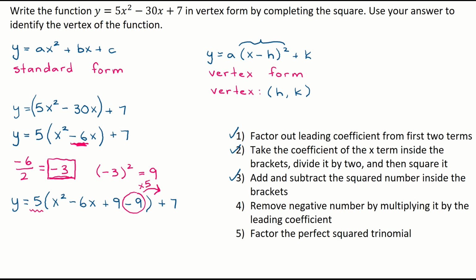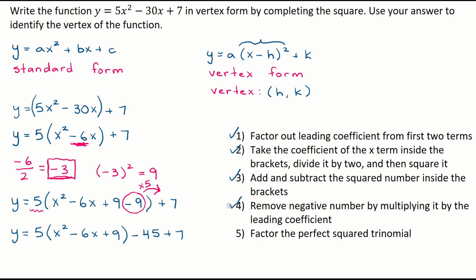That leaves us with y is equal to 5(x squared minus 6x plus 9), and we can close our brackets. The negative 9 is removed from the brackets by multiplying it by 5, which turns it into negative 45. And then the plus 7 stays at the end.